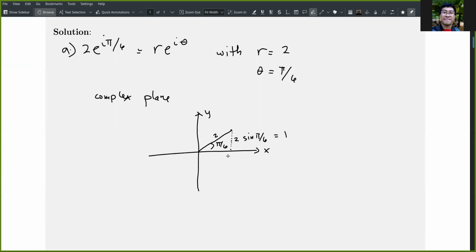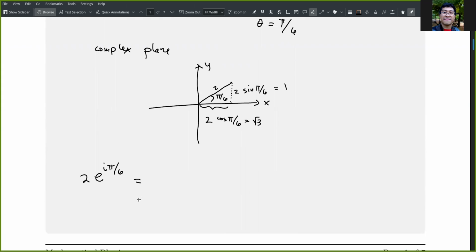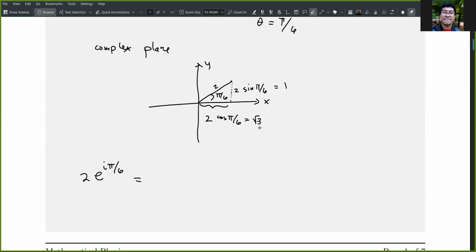While this one here is 2 times cosine of pi over 6, or square root of 3. So 2e to the i pi over 6 can be written as real part square root of 3 and imaginary part 1.